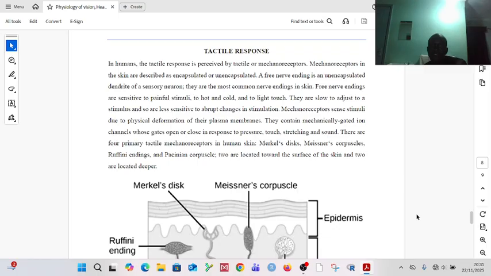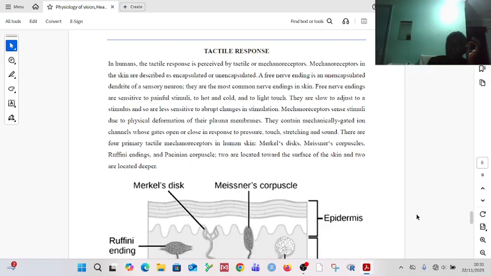Okay? So if there is a touch, because the touch is mechanical, that mechanical touch can either lead to opening that ion channel or closing that ion channel. That's the meaning of a mechanically gated ion channel.